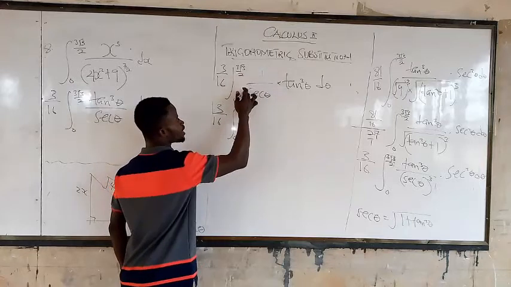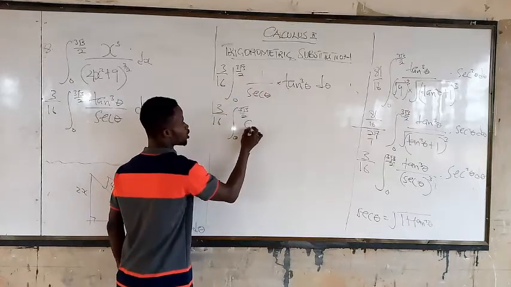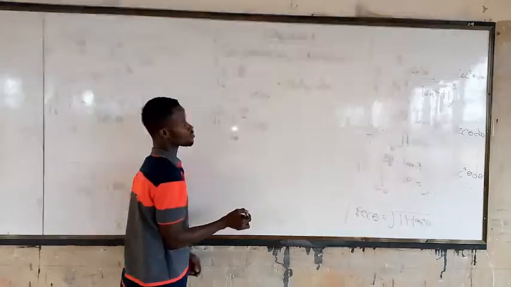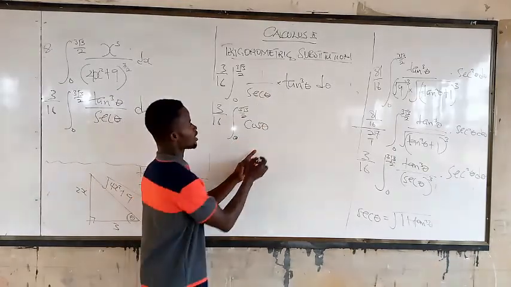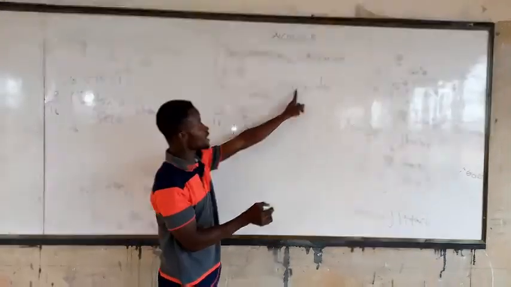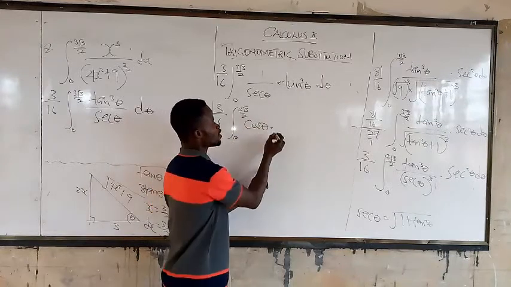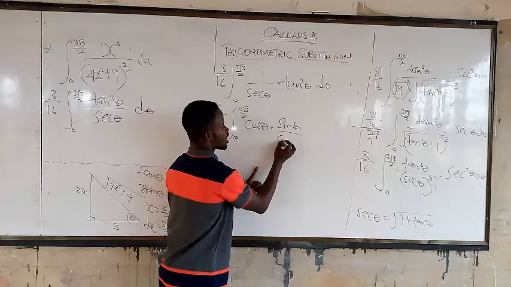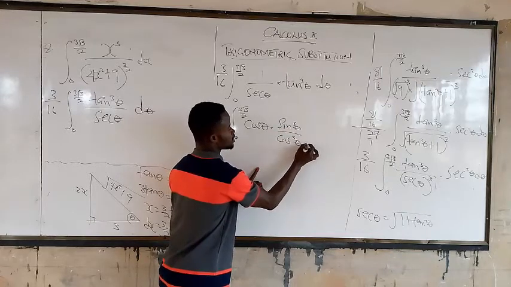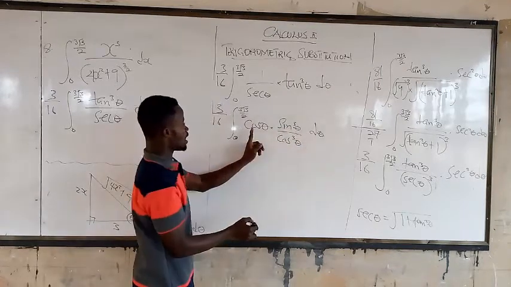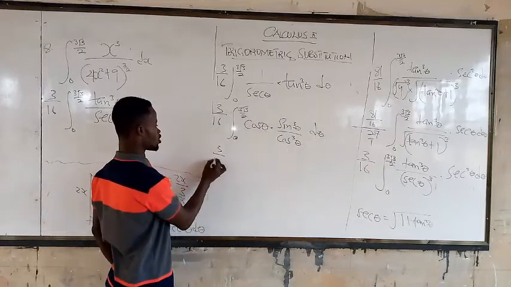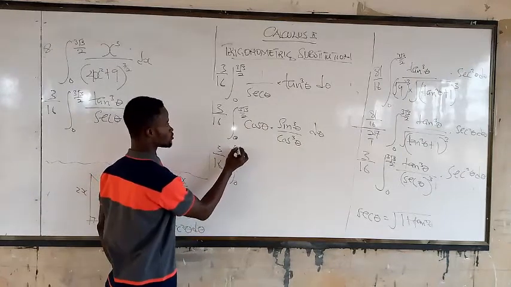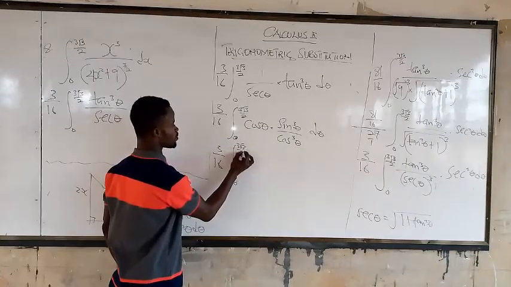The whole of this is going to give us what? Cos theta, because that's the reciprocal. And it's going to multiply by this. But this is the same as sine cubed theta over cos cubed theta d theta. And this will cancel one of these, so 3 over 16, square root of 0, 3 root 3 over 2.